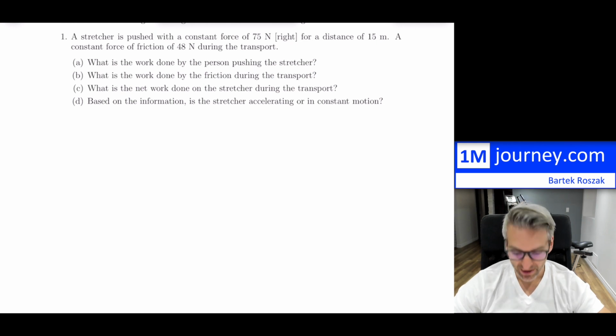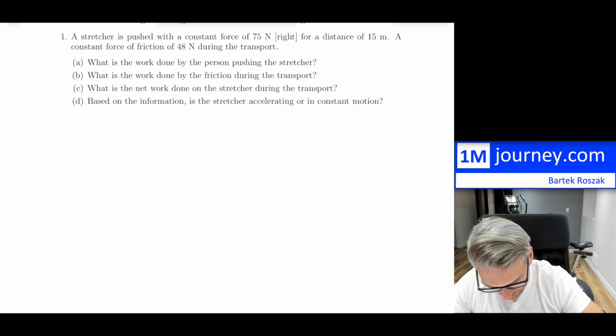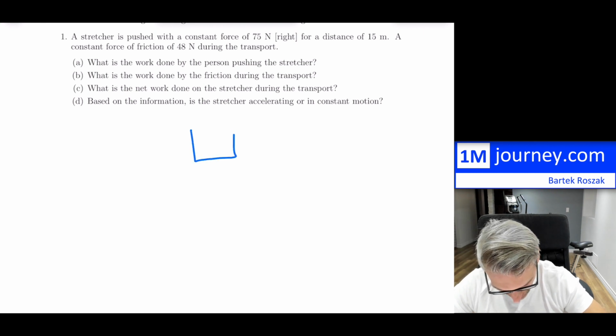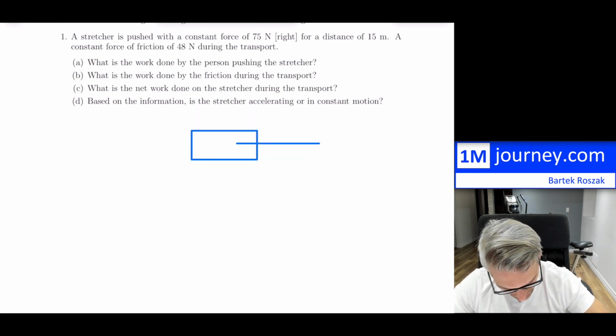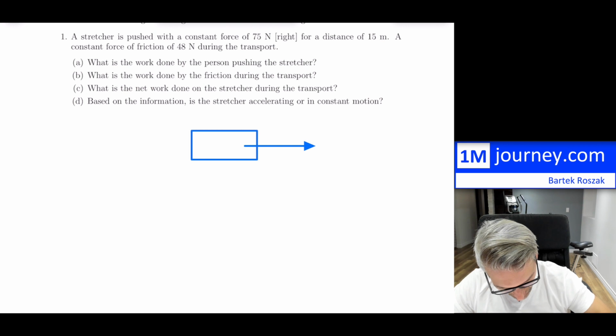All right. Okay, so let's draw this out first. So let's do a free body diagram in here. I know this is not exactly a stretcher, but this will do for us. So what is happening here? We have a force to the right, and this force is 75 newtons.